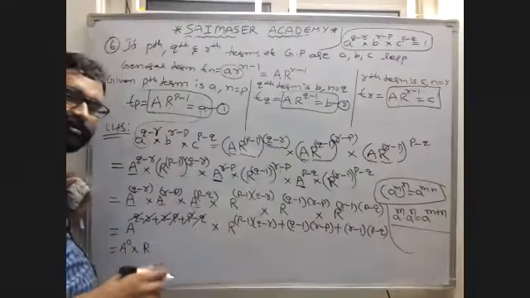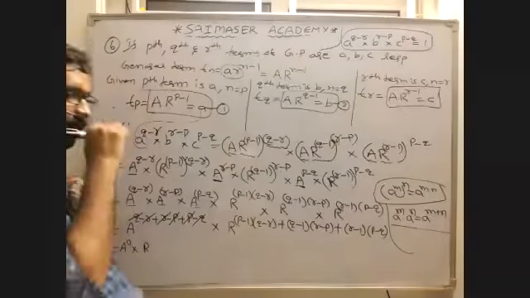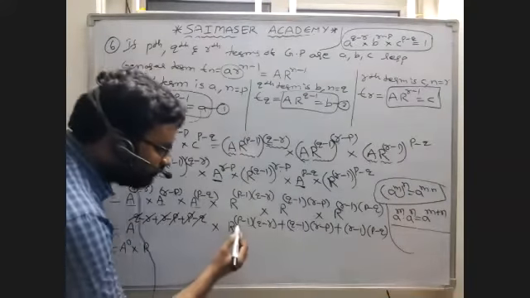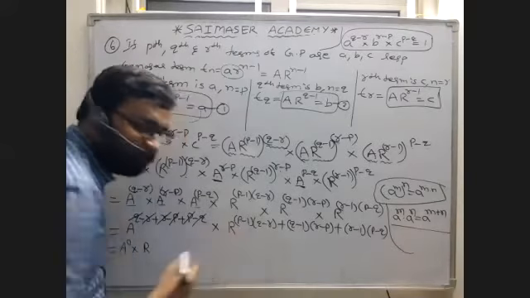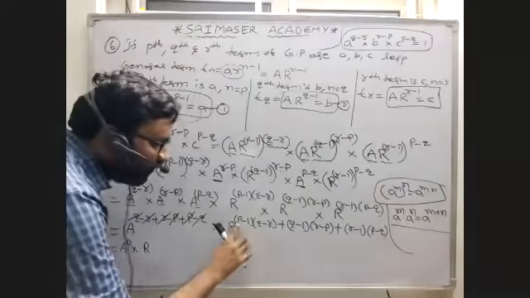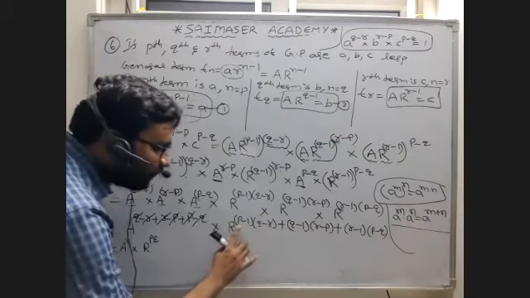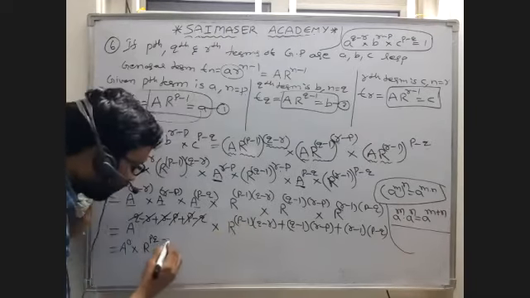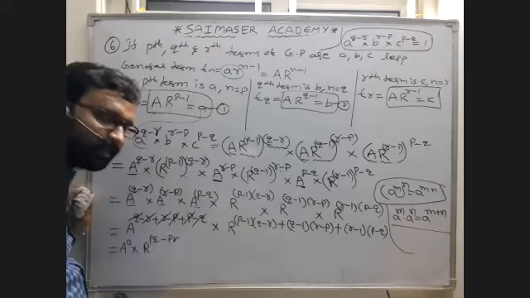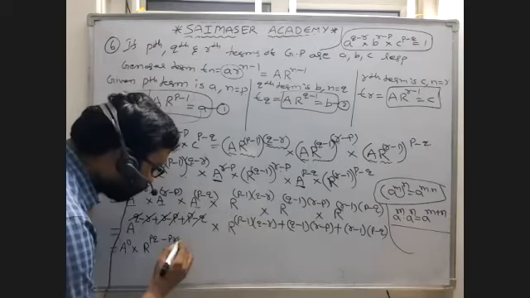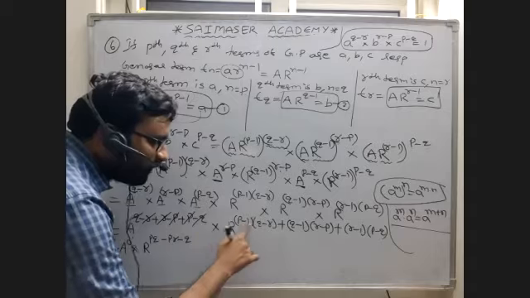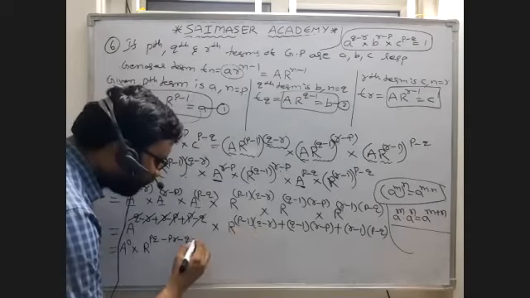See how the multiplication works. These two terms we have to multiply with these two terms. First with p: p into q is pq, p into minus r is minus pr. Next, minus 1 into q is minus q, minus into minus is plus 1 into r, plus r.